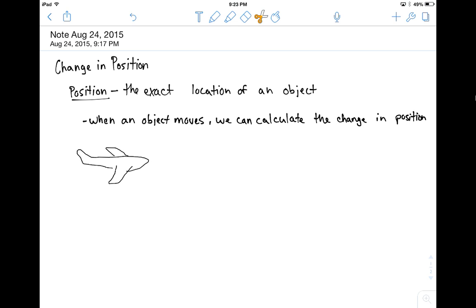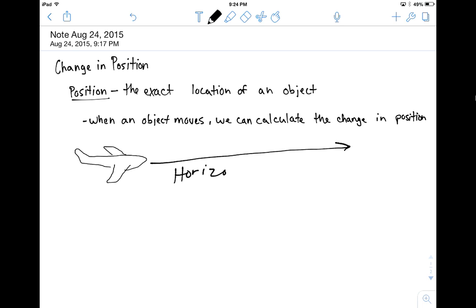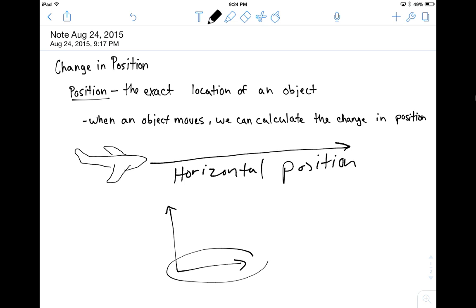Now, with our airplane, we're not going to worry about its altitude up and down. All we're talking about is its horizontal position. Now, when we talk about horizontal things, so side-to-side things, think about our graph. So don't draw this either, but think about our graph. The side-to-side chunk of the graph is what we call x.